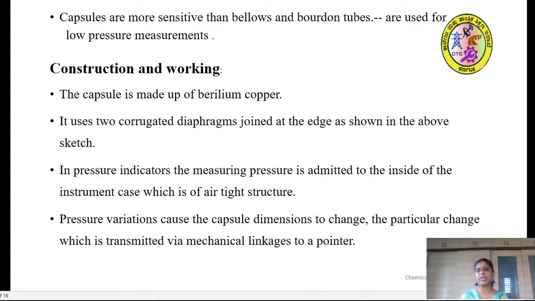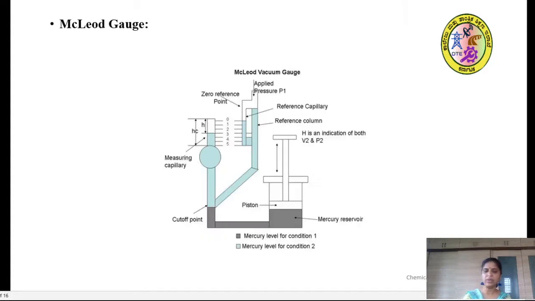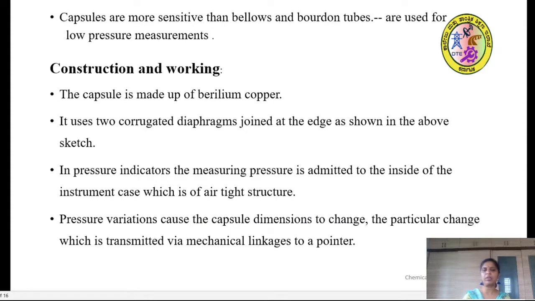This change is transmitted to the pointer mechanism through mechanical linkages, which moves on the calibrated scale, calibrated in terms of the pressure for low pressure measurement. So that is about the capsule.